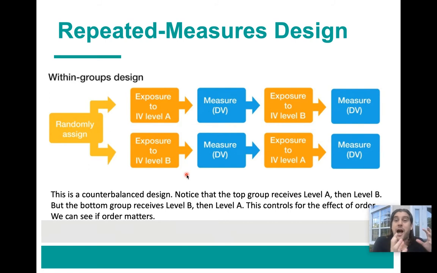But if you went to the Bahamas first, then you would give Winnipeg low ratings because the order effect of going to the Bahamas first makes Winnipeg look bad. So what we need to do is control for that effect of order, that effect of the order of manipulation of the independent variable.